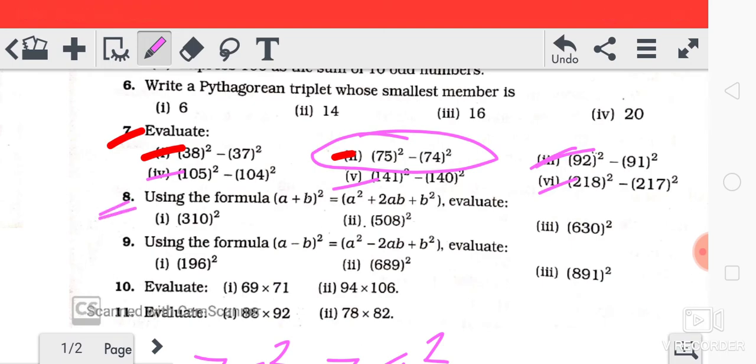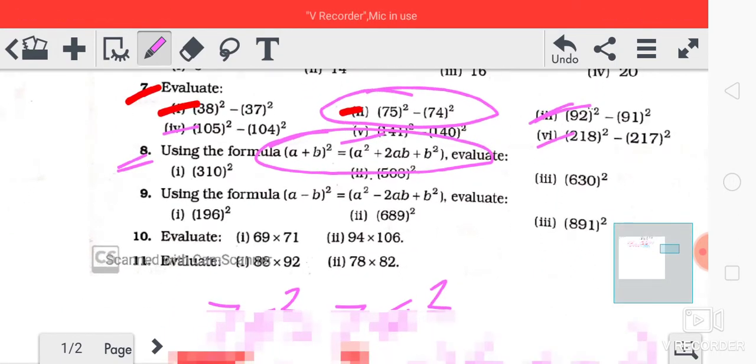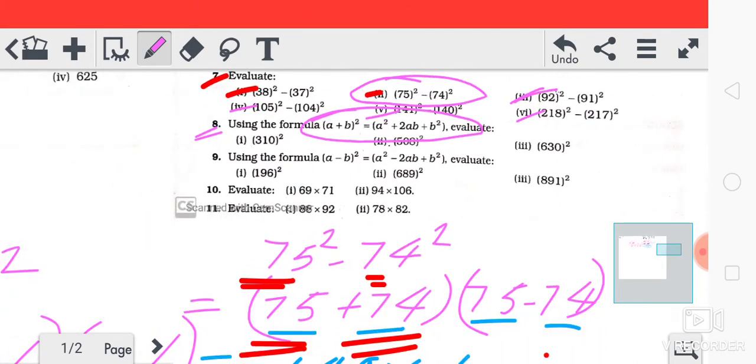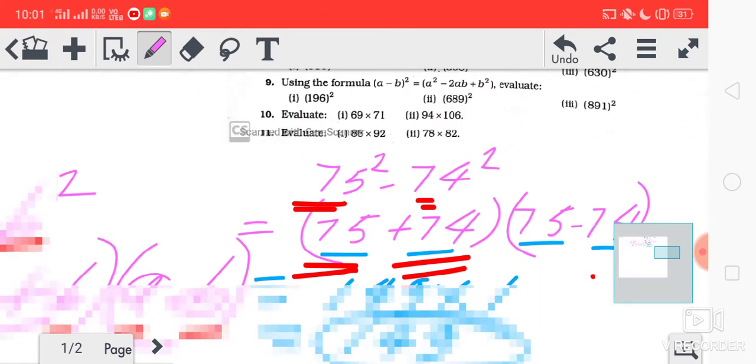One formula is given here: a plus b whole square is equal to a square plus 2ab plus b square. This formula also you must have learnt in class 7 only.